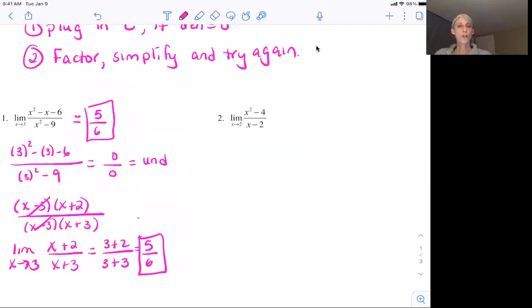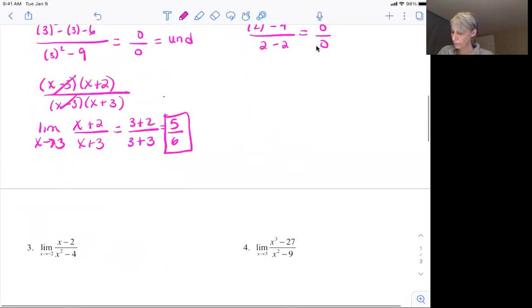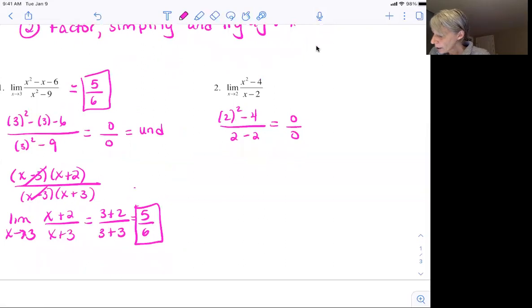The limit as x approaches 2 of x squared minus 4 over x minus 2. Plug in 2. And I get 4 minus 4, 0 over 0. Again, we're going to factor.